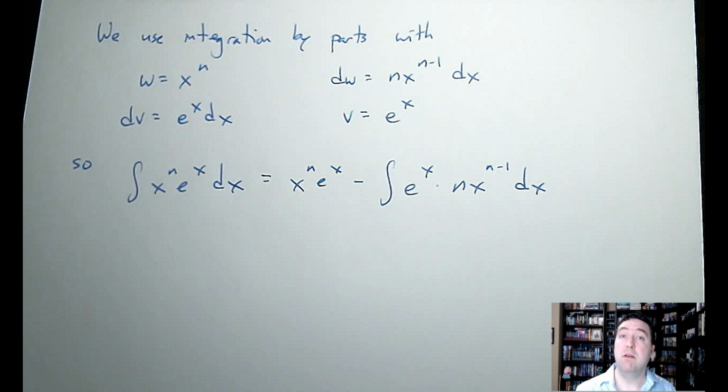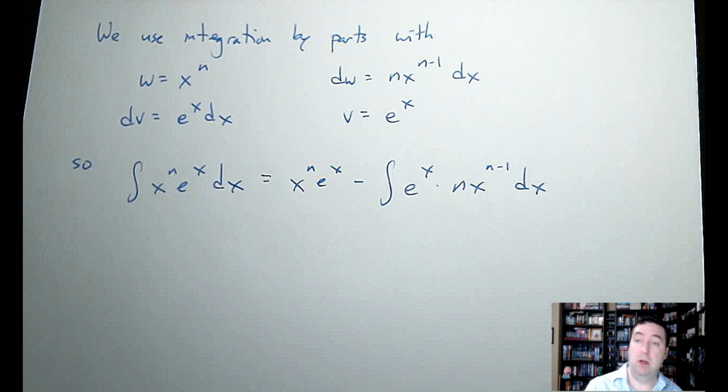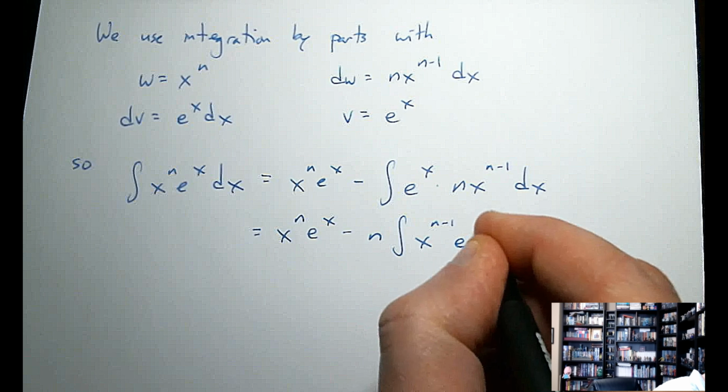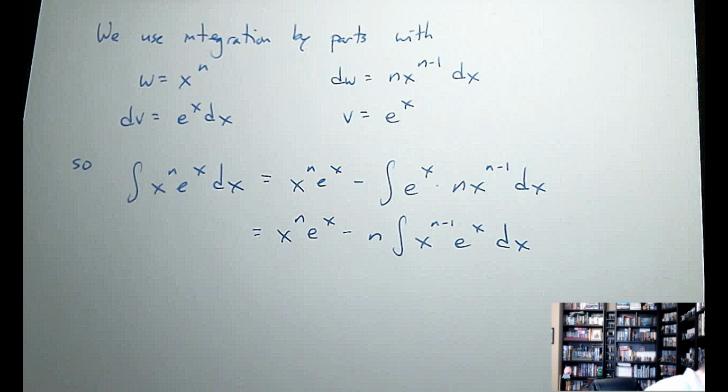And we're almost there, because, well, n, remember, is a constant. We don't know what constant it is, but it's definitely a natural number, so we can factor that out. And that'll leave us with x to the n minus 1 times e to the x. So there we go. There's where that reduction formula comes from.